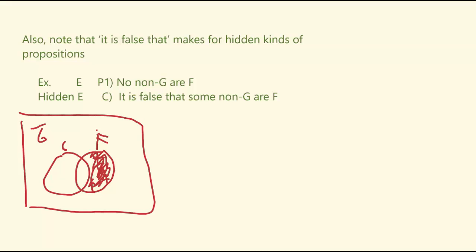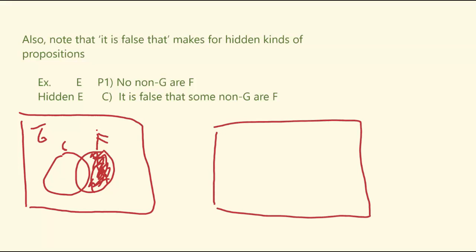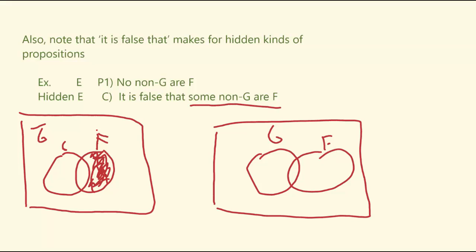And if we say it is false that some non-G are F, and we want to diagram that, then first we look at some non-G are F. Here are the non-G's. They're in area 1 and they're in area 4. And to say that some non-G are F would be to say that there exists at least one non-G that is an F. So if that's all we were diagramming, we would put an X in area 4.